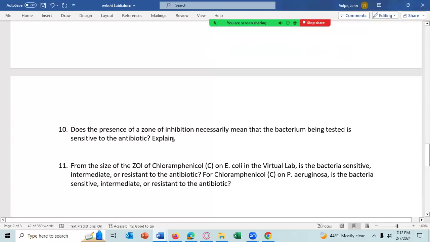This is a thinking question, but this one you can get by looking it up in the lab module. 11: from the size of the zone of inhibition of chloramphenicol on E. coli in the virtual lab, is the bacteria sensitive, intermediate, or resistant to the antibiotic? For chloramphenicol on Pseudomonas aeruginosa, is the bacteria sensitive, intermediate, or resistant to the antibiotic? Any question about any of that?